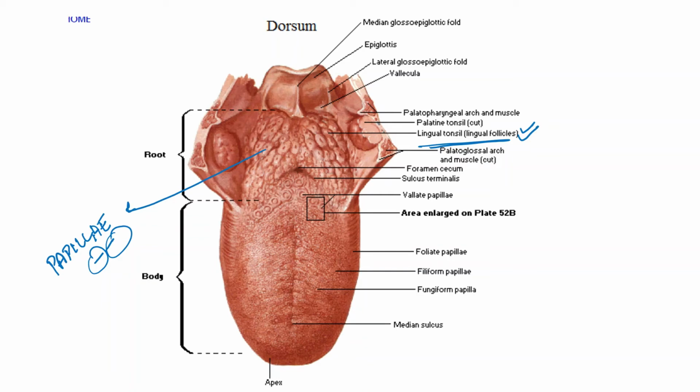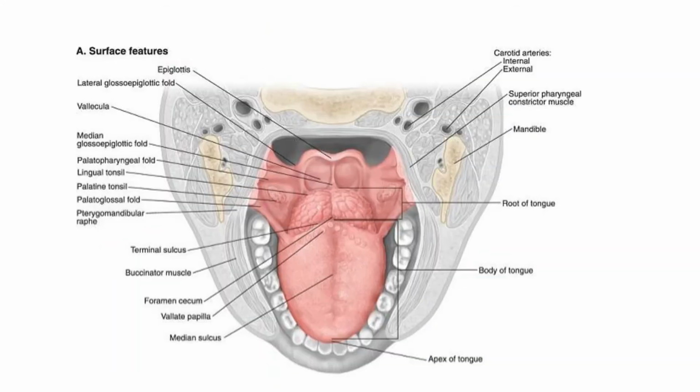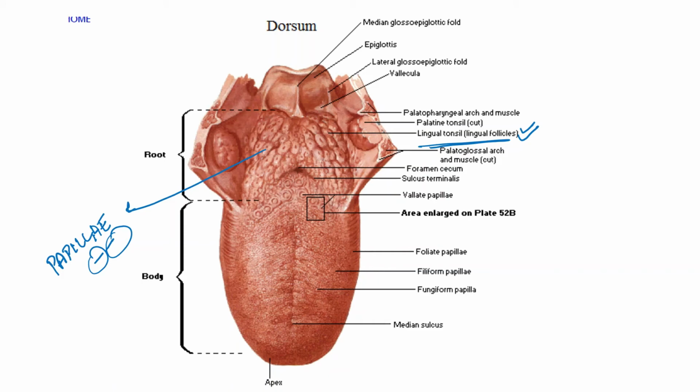This posterior one-third of the tongue has a mucous membrane devoid of papillae, and along the base this mucous membrane is separated from the underlying muscle by a loose submucosal coat. So the submucosa is present in the posterior one-third.